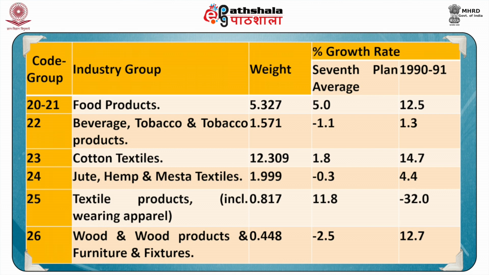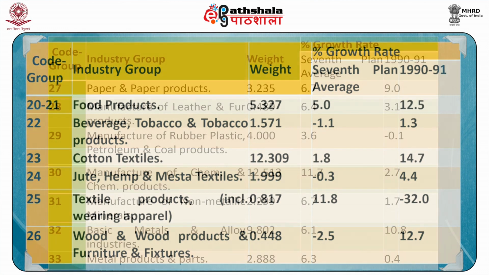Next, wood and wood products and furniture and fixtures of weight 0.448 had a growth rate of minus 2.5% in the 7th 5-year plan and 12.7% in 1990-91.